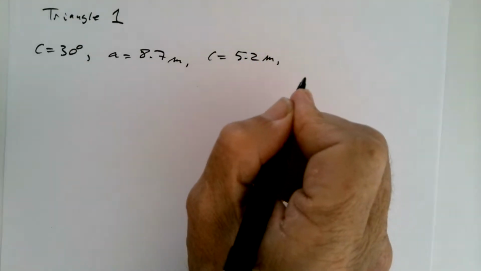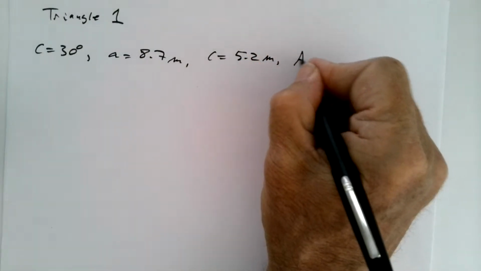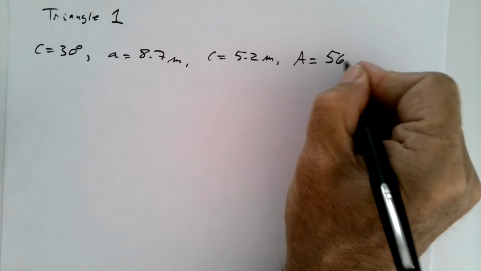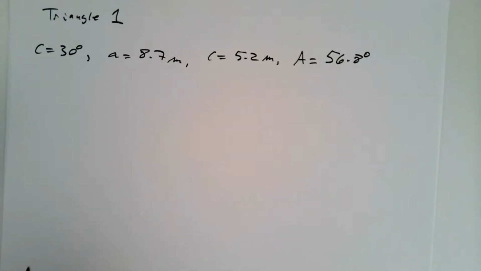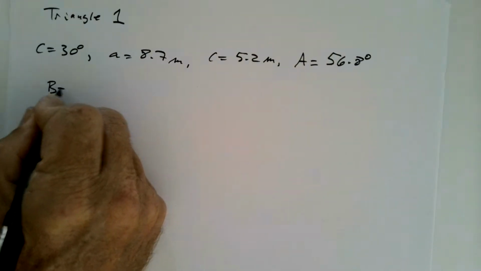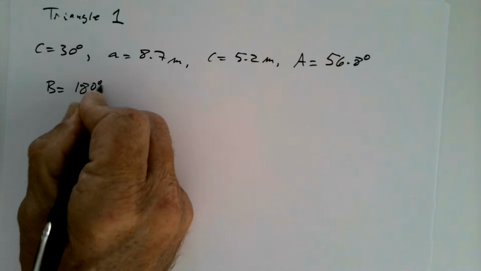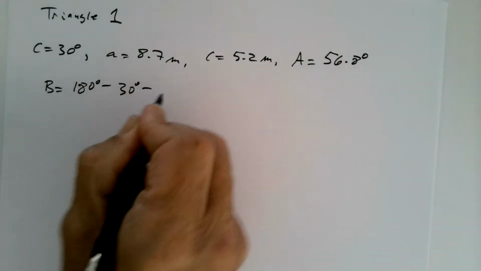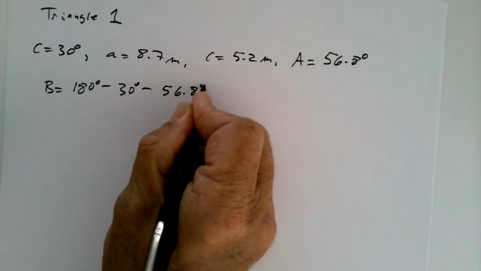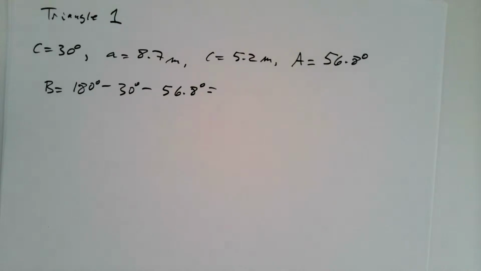And we just figured out that angle A was about 56.8 degrees. So how do I get angle B? Angle B is 180 degrees minus 30 degrees minus 56.8 degrees, which gives me 93.2 degrees for angle B.